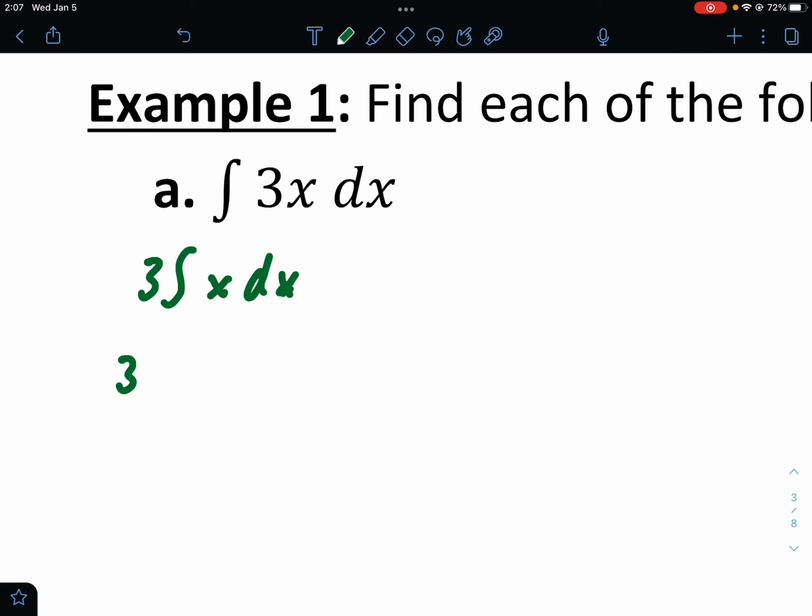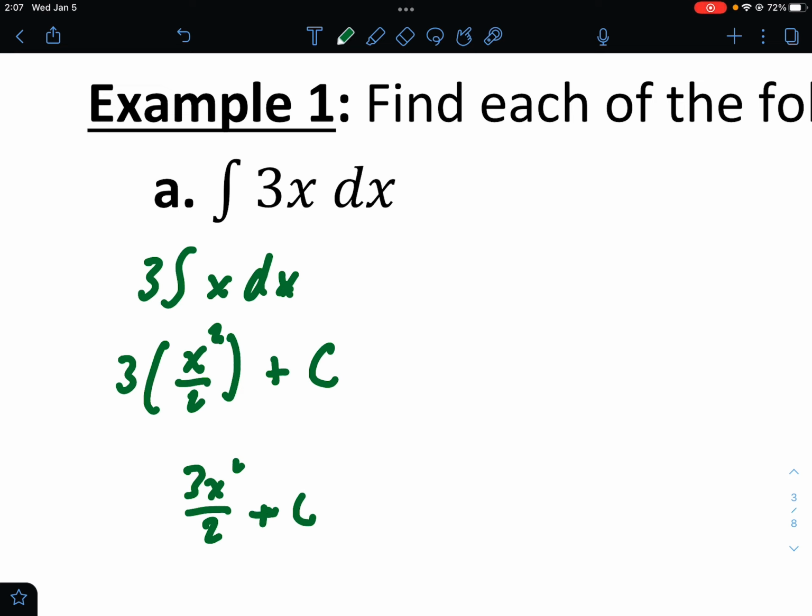So this would be 3 times x squared over 2 plus c. Now we can simply write that as 3x squared over 2 plus c. All right, and an easy way to check if you're right at this point is to just take the derivative of this and see if you get back 3x.